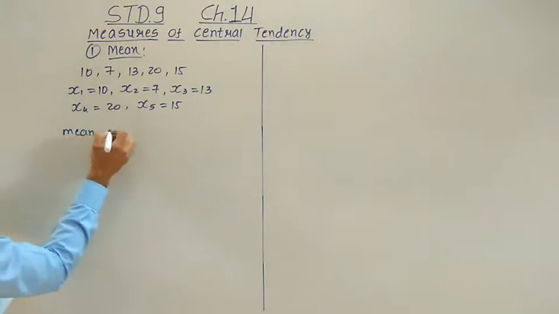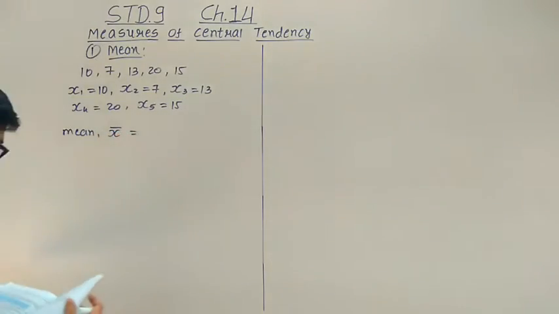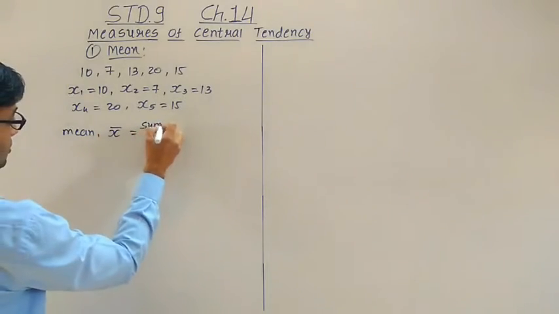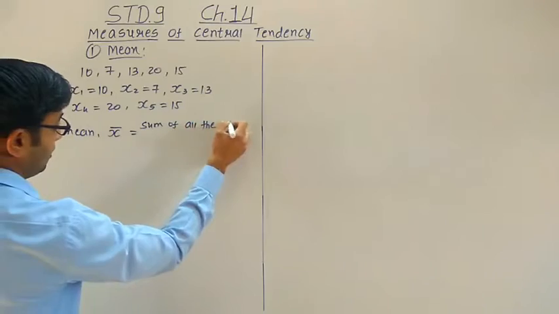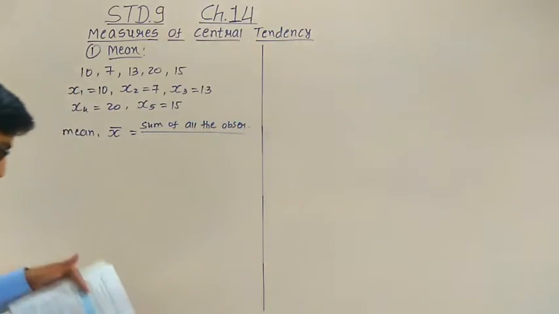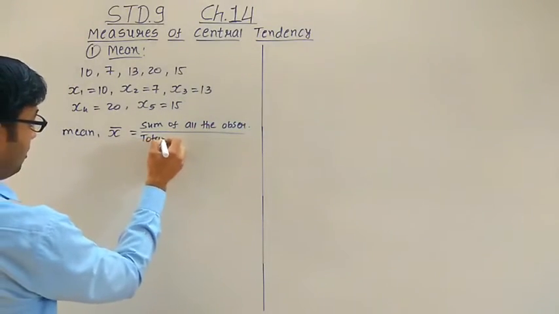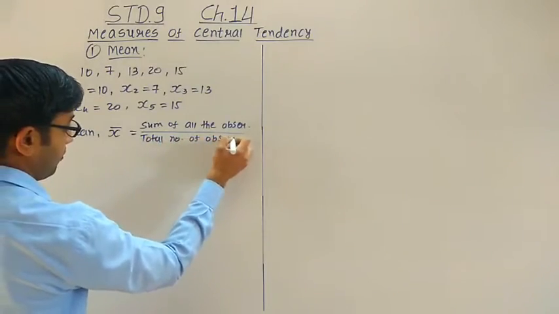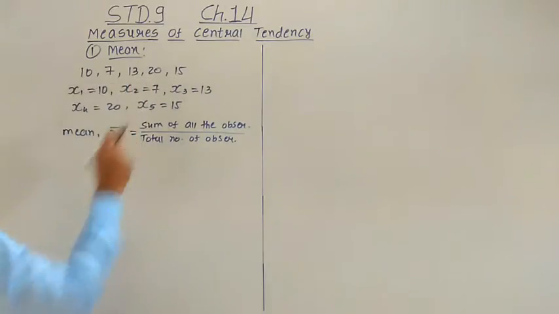Mean we can represent as x bar, and mean is what? The sum of all the observations divided by the total number of observations. So how many observations do we have here?